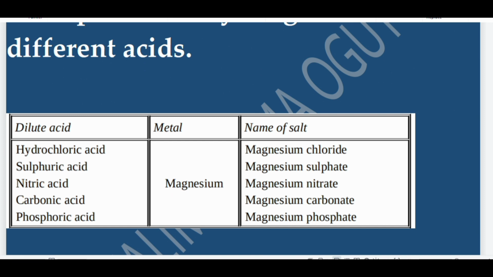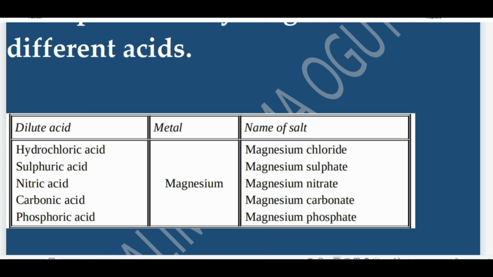For the dilute acids, we have hydrochloric acid, sulfuric acid, nitric acid, carbonic acid, and phosphoric acid. With hydrochloric acid, magnesium will give magnesium chloride. With sulfuric acid, magnesium sulfate.